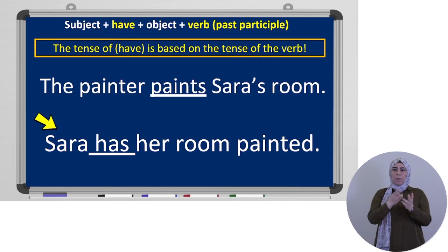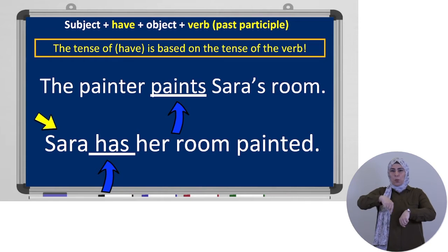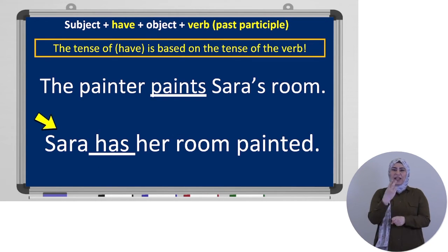I started with my subject, who is Sarah. I chose has because the verb in the original sentence is in the present tense. The painter paints. So I used has. And I used has, not have, because Sarah is singular. Sarah has her room painted.